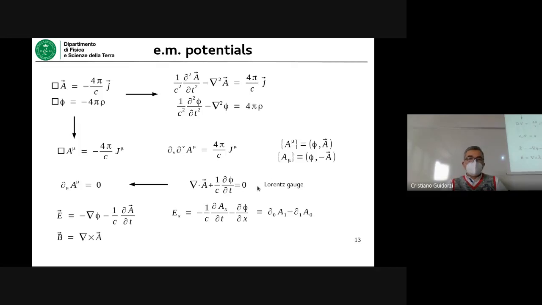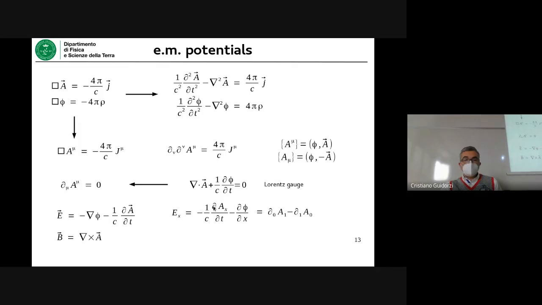Now, if you look at this, you see the time derivative, 1 over c time derivative of Ax. Well, the time derivative is just a partial derivative with respect to 0, okay? And A1, if you pay attention, A1 with 1 as a subscript is just minus Ax. Look here, it comes from here. So the minus you can attach to Ax.